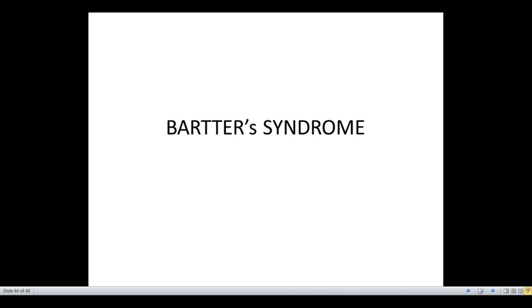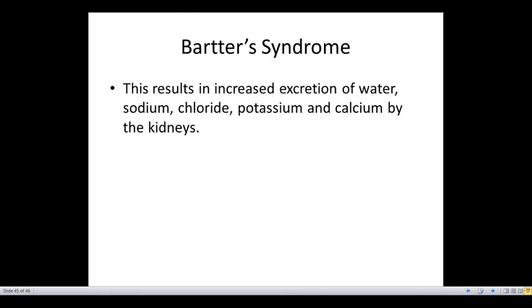Bartter's syndrome. Bartter's syndrome results in increased excretion of water, sodium, chloride, potassium, and calcium by the kidneys.